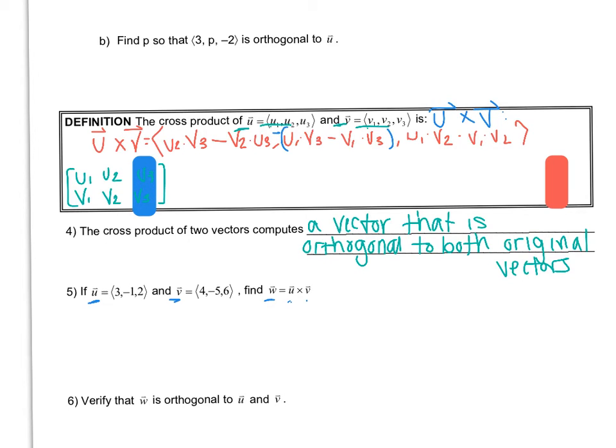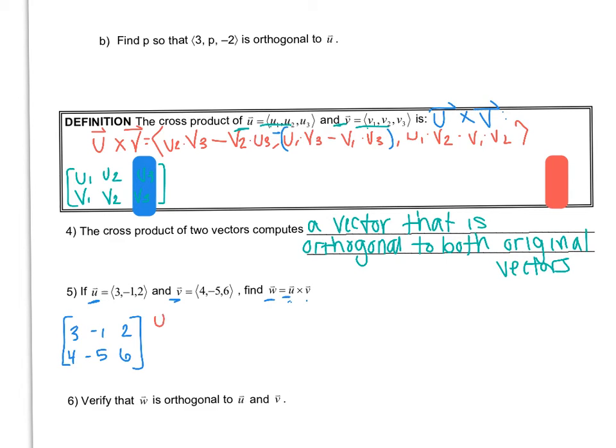The first step, again, is to set these two vectors up in a matrix. U goes on top, the first one that you're multiplying, so u is 3, negative 1, 2. The second one, vector v, is 4, negative 5, 6.